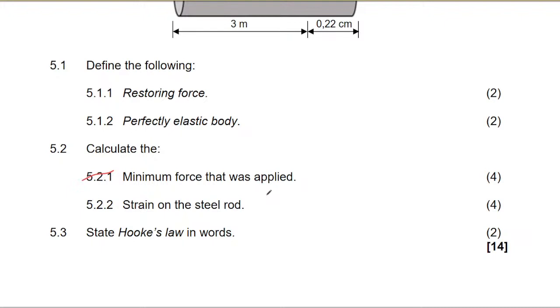But it doesn't mean that the paper will be out of 144. From the onset, some of the answers, we did not allocate them enough marks. So we removed question 1.7 and 5.2.1, but the 6 marks we managed to get it somewhere in the paper. So the paper will remain out of 150.